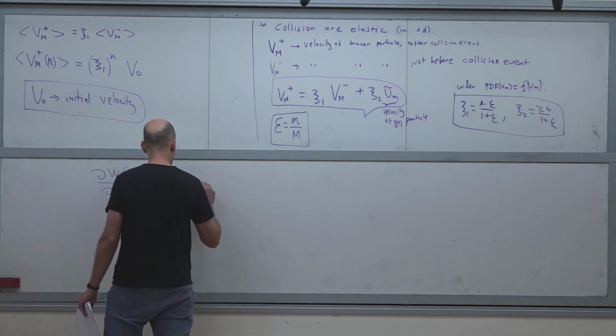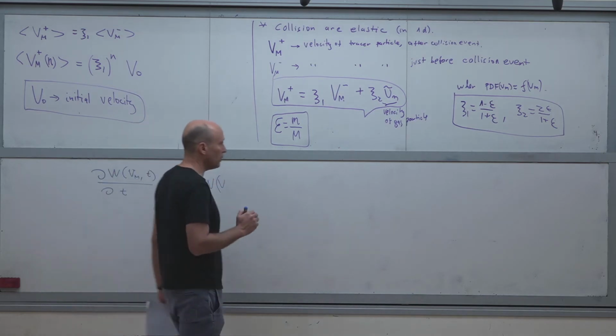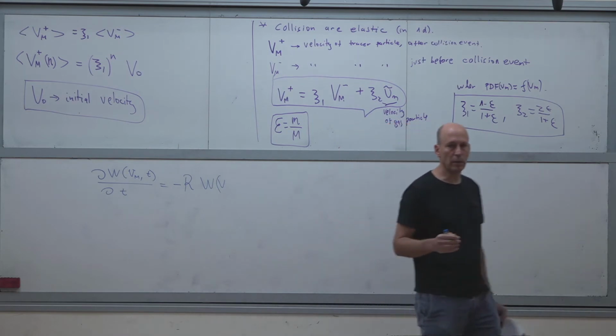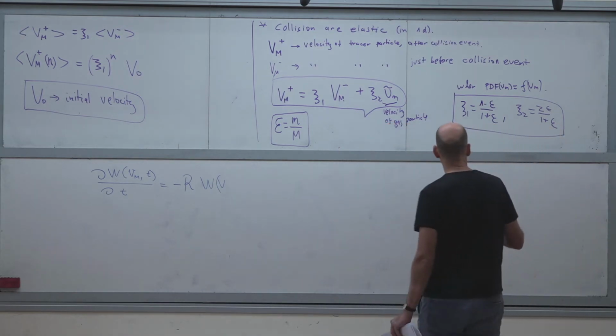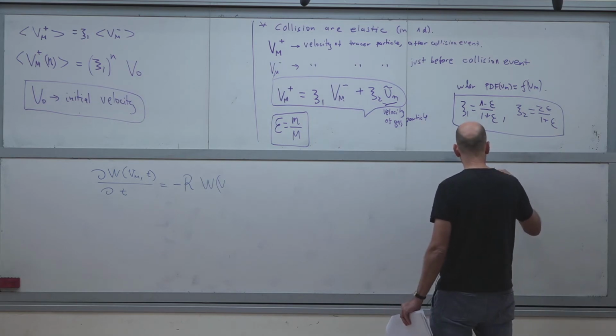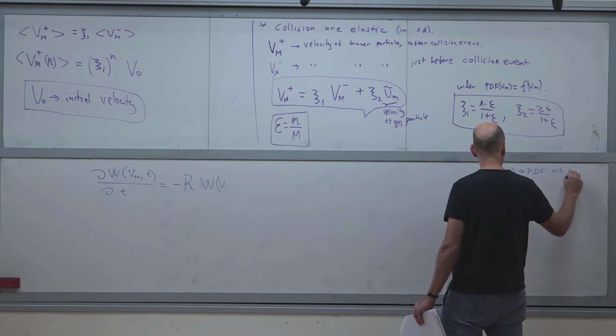The first term is going to be, what's W? W is the PDF. Usually it was P, but W is the PDF of the velocity of the particle. So W(V_M, t) is the PDF of V_M.